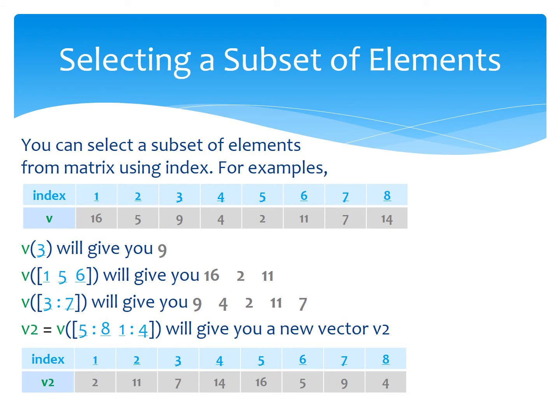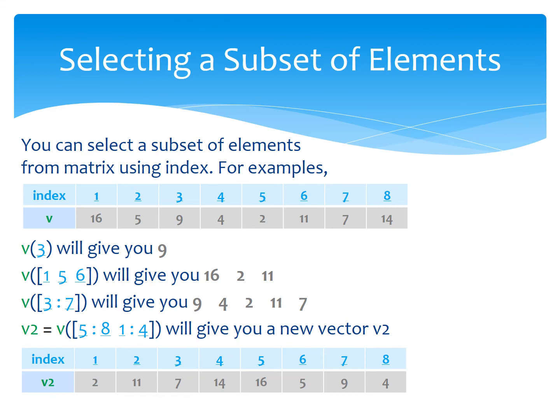With either subscript or linear indexing, you can select a subset of elements from a matrix. For example, assume we have a matrix V, where the index of the matrix is shown in the first row and the content of the elements is shown in the second row. So V(3) retrieves the content stored at index 3 in V, which will give you 9.